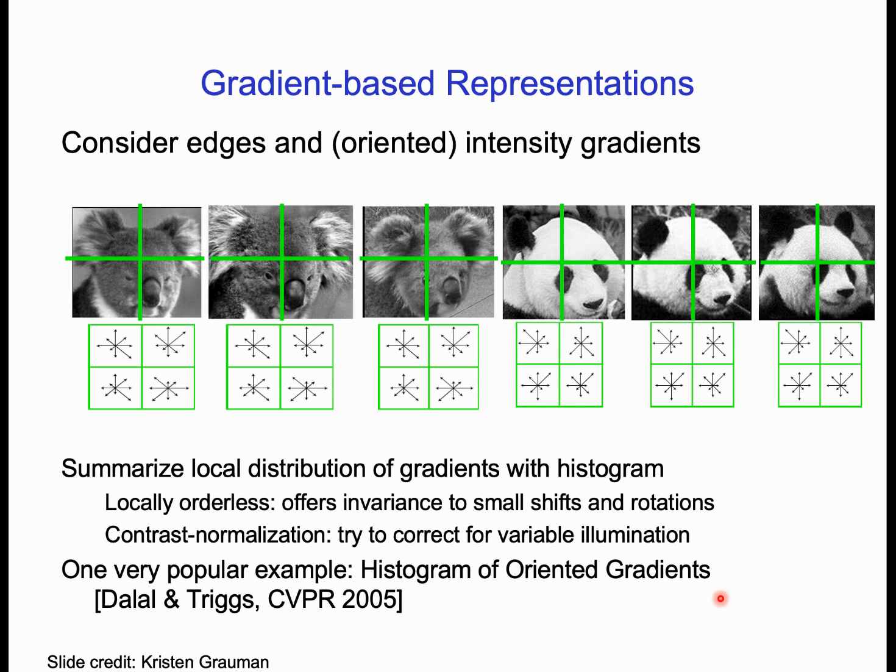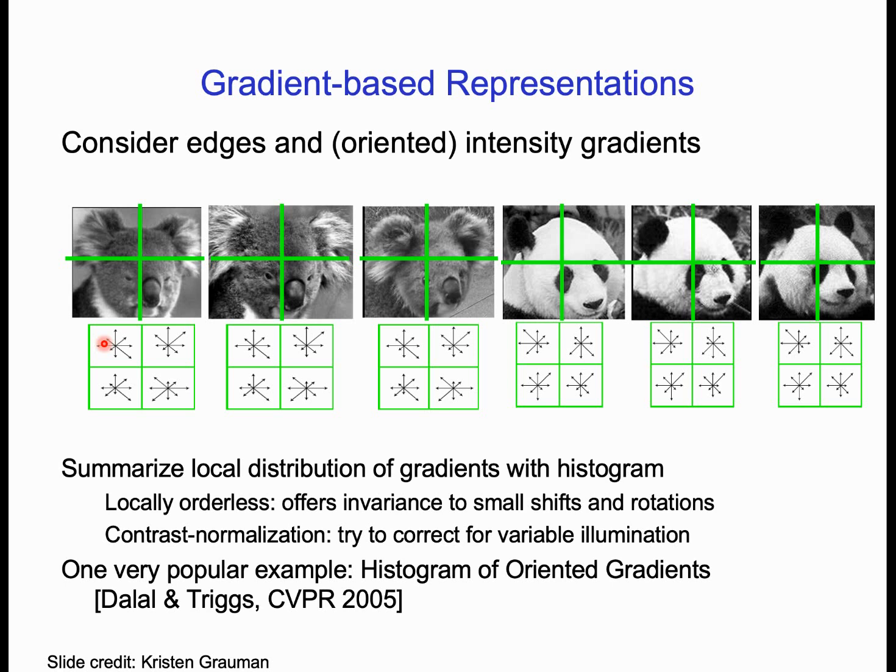Just to remind yourself what that means, I basically divide the patch into several regions, and within the regions I extract histograms of gradient orientations, and I use the gradient orientations as features which are fed into a classifier to do a detection.